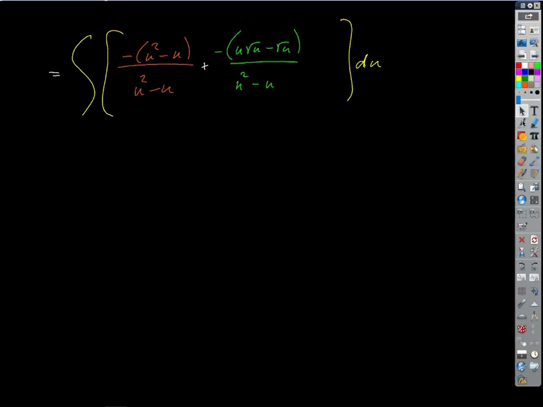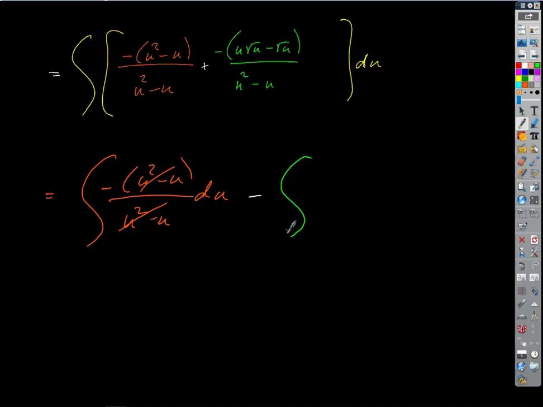So we'll just do that as two separate integrals. We're going to get the integral of negative u squared minus u over u squared minus u du. Well, that's just negative du, right? Minus the integral of u radical u minus radical u over u squared minus u du.